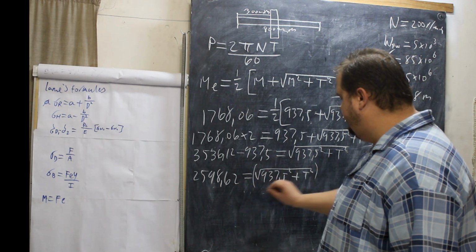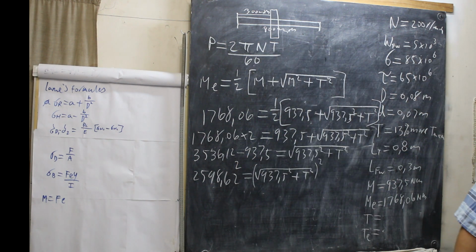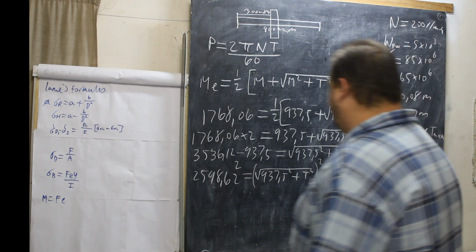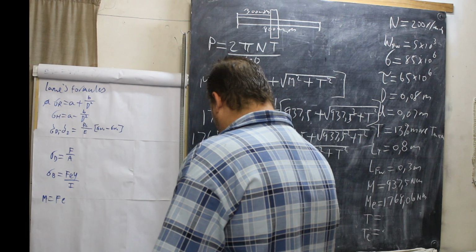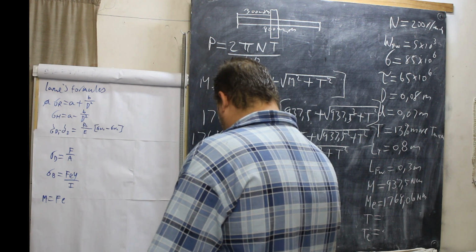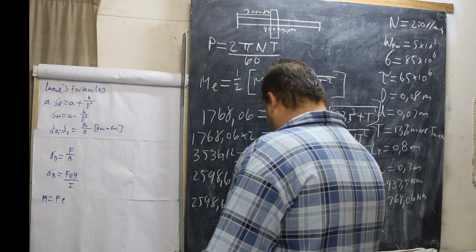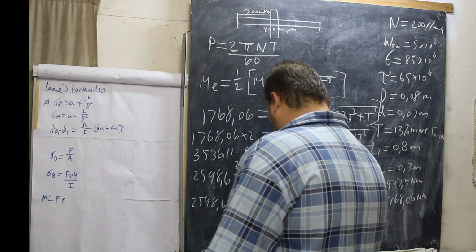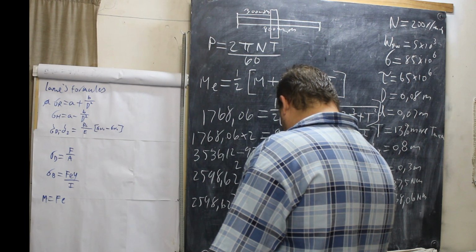So this side is squared and that answer is squared. Now we've squared both sides, so we have 2598,62 squared equals 937,5 squared plus t squared.